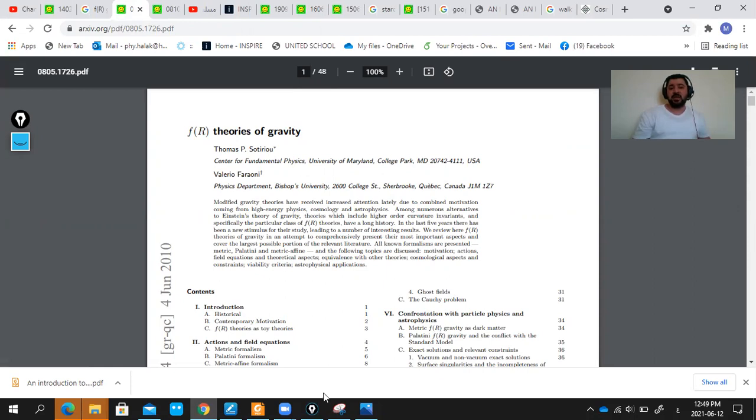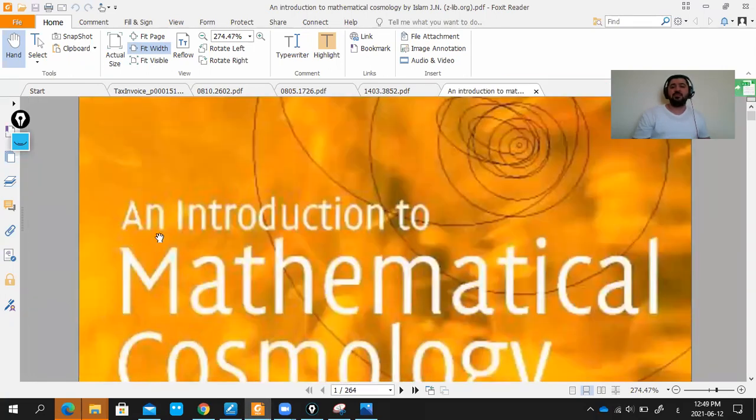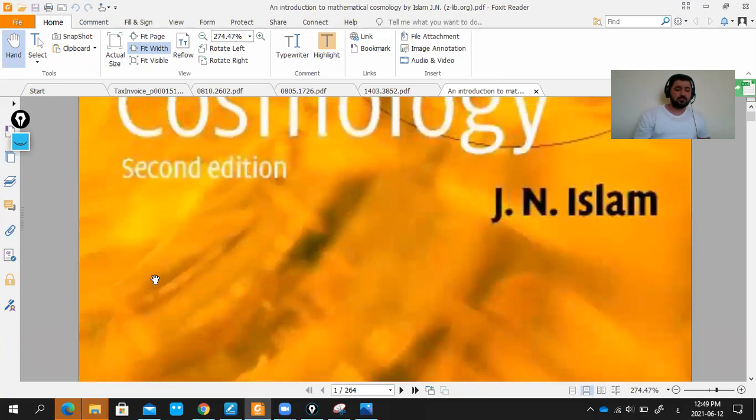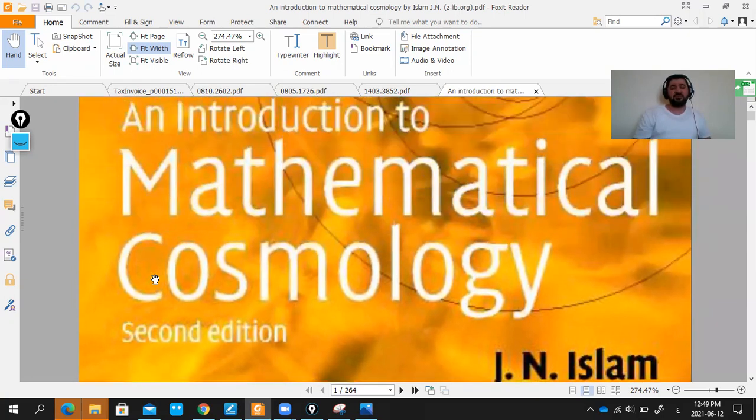And today, the first part of the lecture, I'll take from this interesting book, An Introduction to Mathematical Cosmology by Islam. It's a really interesting, easy, direct book. It's so suitable for a first course in cosmology.